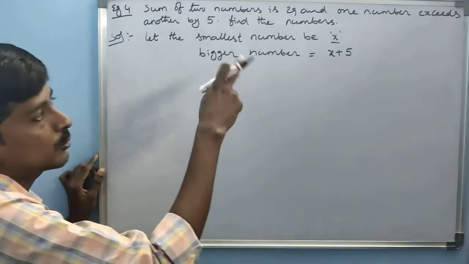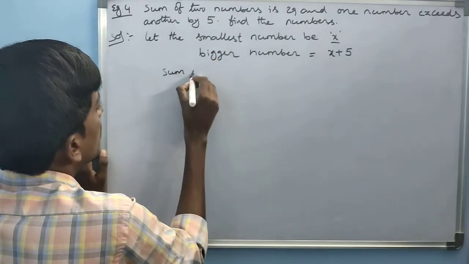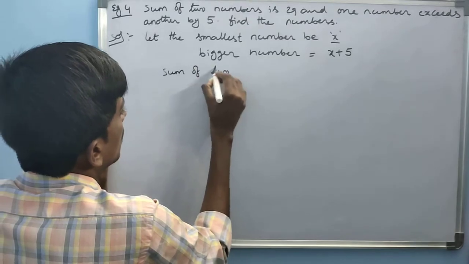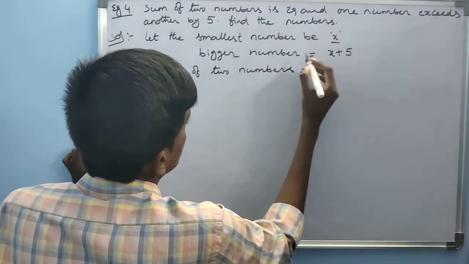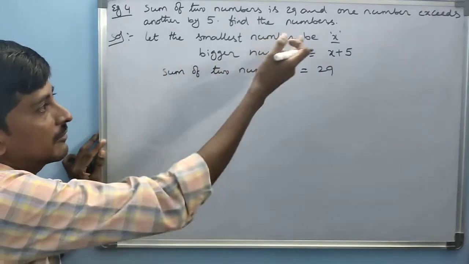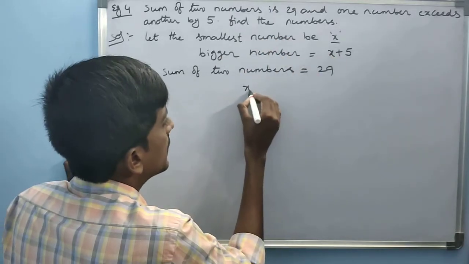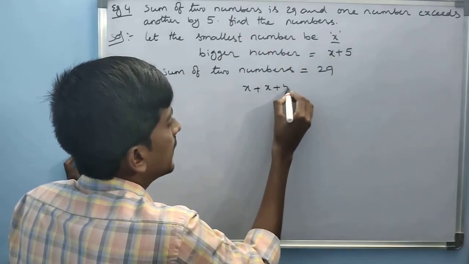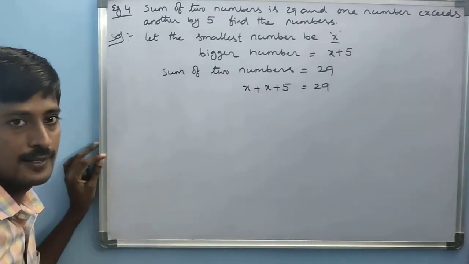So two numbers came. According to the sum of two numbers, how much is given? 29. The first number is x and the second number is x plus 5. Adding these two numbers, x plus x plus 5 equals 29.